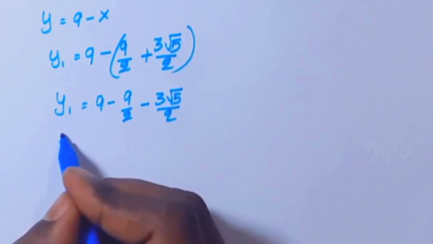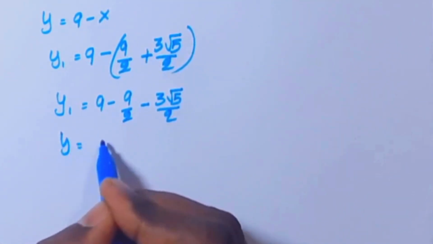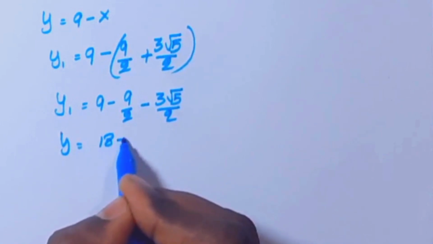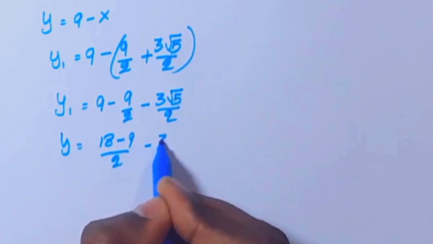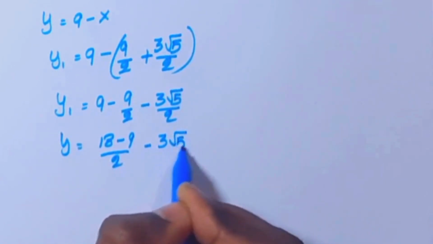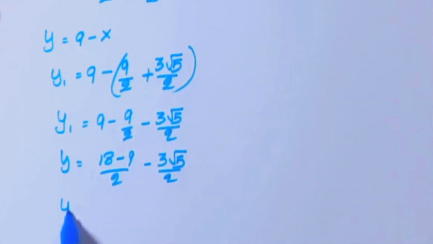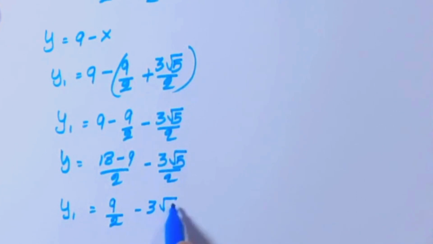This is y equal to 18 by 2 minus 9 by 2 minus 3 square root of 5 by 2. Now y1 equal to 9 by 2 minus 3 square root of 5 by 2.